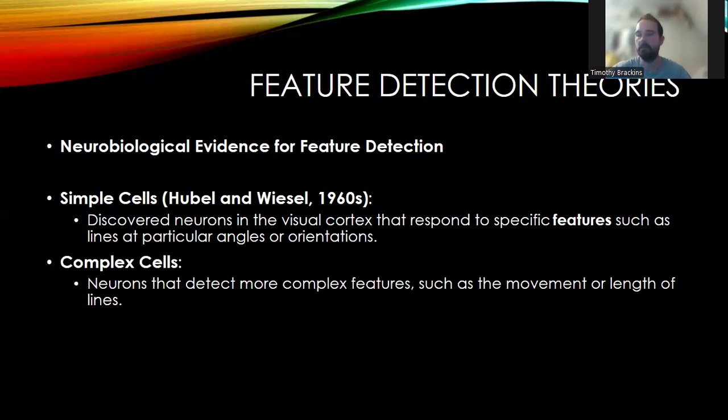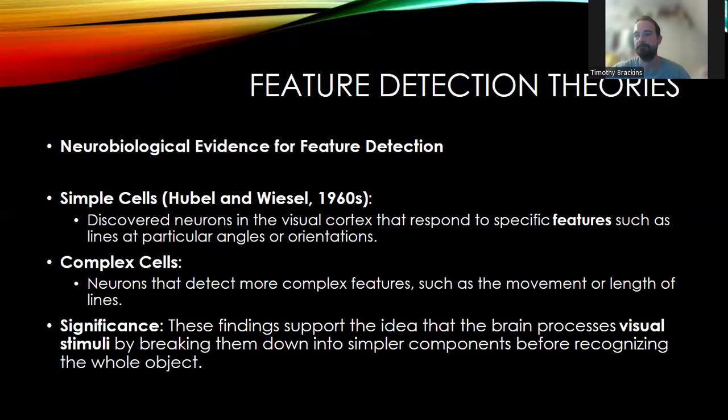They also found the complex cells that detect more complex features like movement or length of lines. And they do support the idea that the brain processes visual stimuli by breaking them down first into simple components before we recognize it as a whole object.